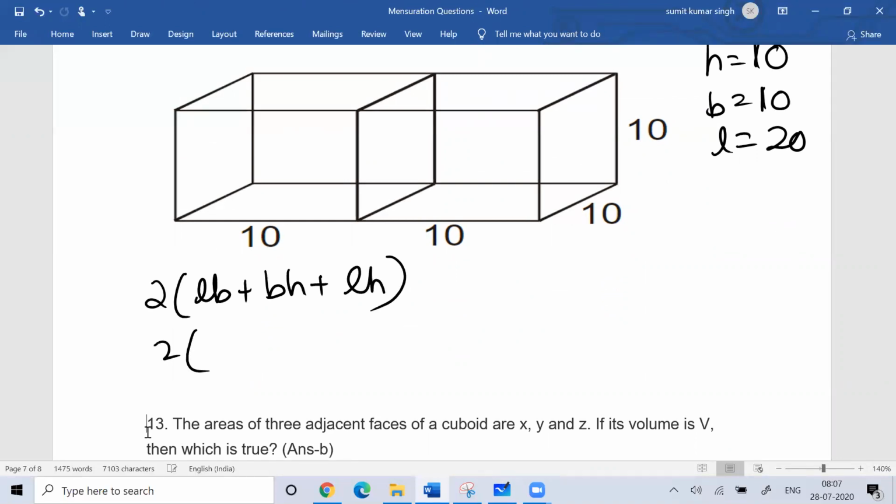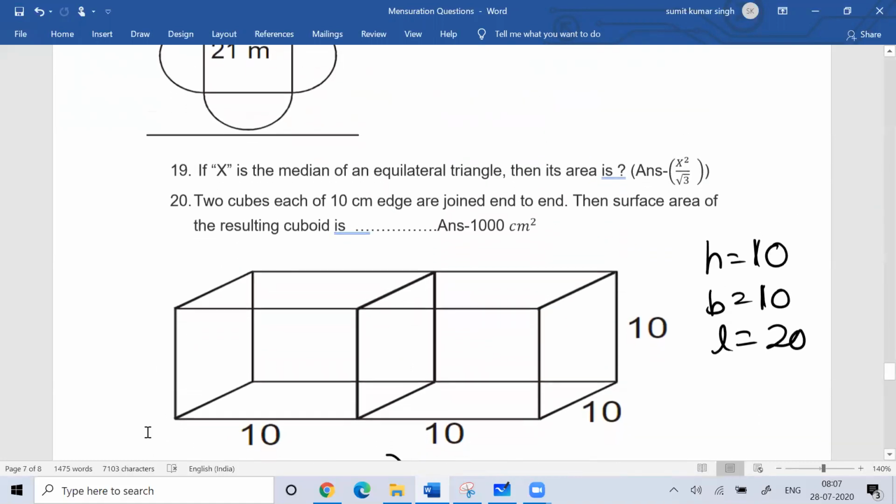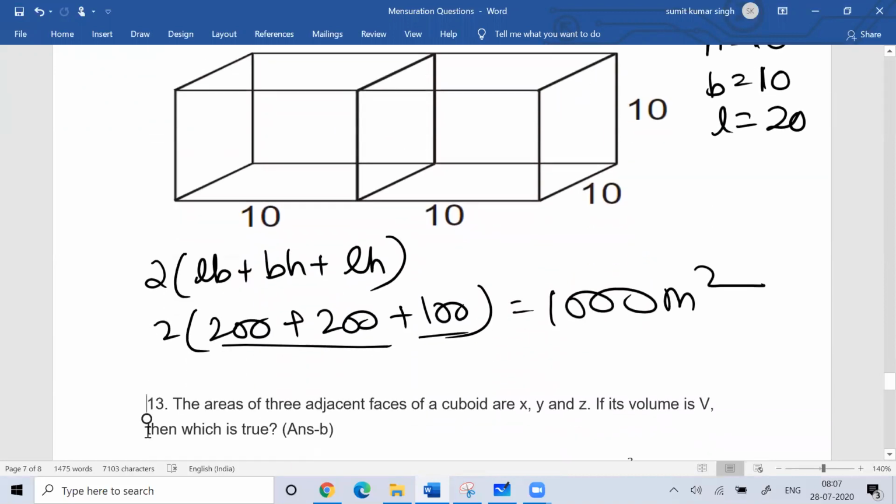So 2 into 200 plus 100 plus 200. You just solve. The unit is centimeter, so 1000 centimeters square is the area.